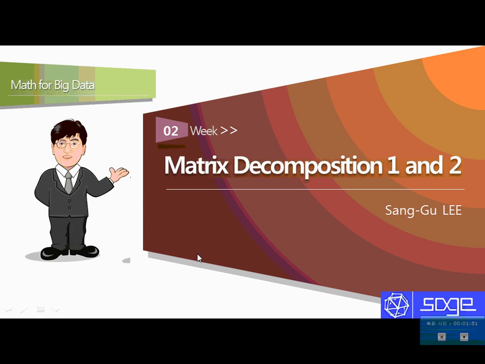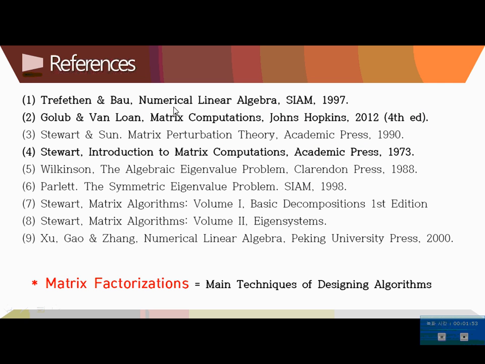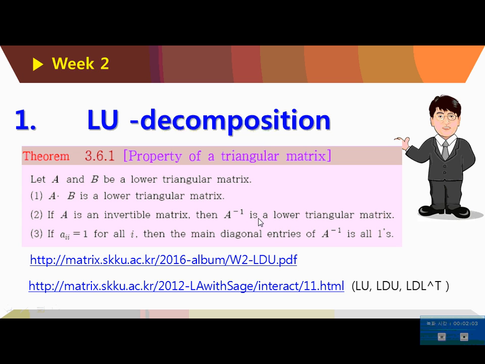Okay, first, here are the references for what we're going to try to cover. First, matrix factorization is a main technique of designing algorithms. So we start from the LU decompositions. I uploaded the lecture note before the class, and also I introduced some code for doing LU decompositions.